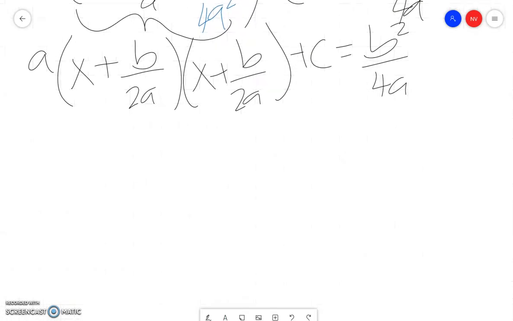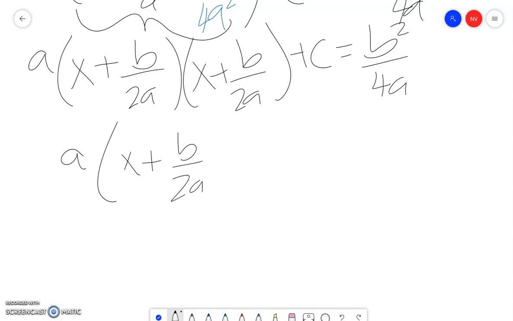And then since they are the same two factors, we can combine them together. So it makes it a times x plus b over 2a squared. We still have the plus c and equal to b squared over 4a.